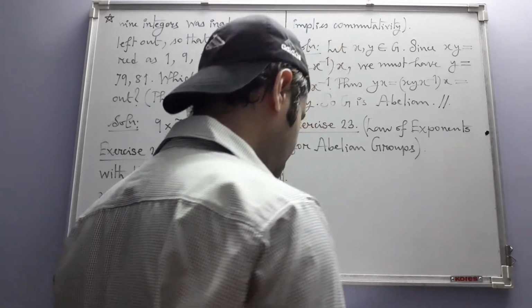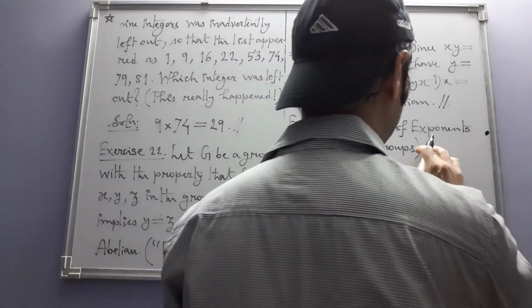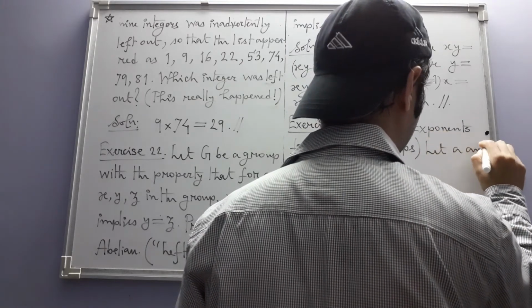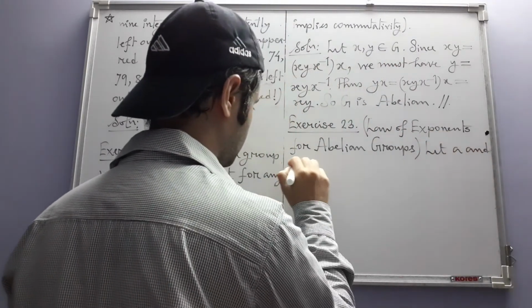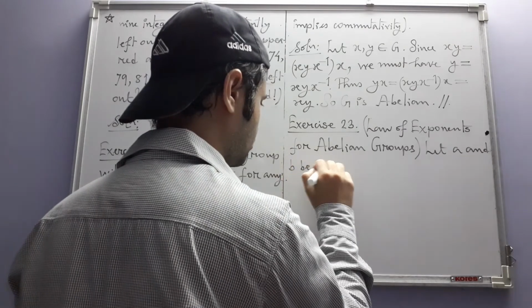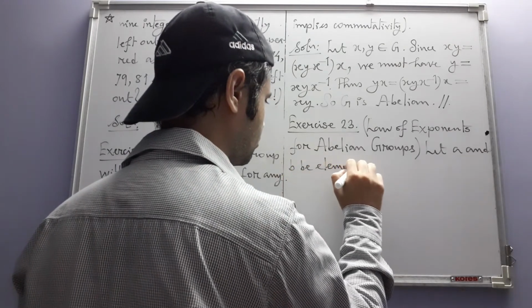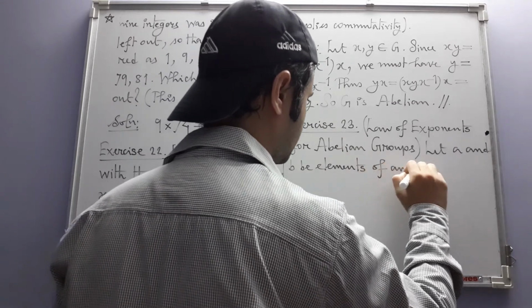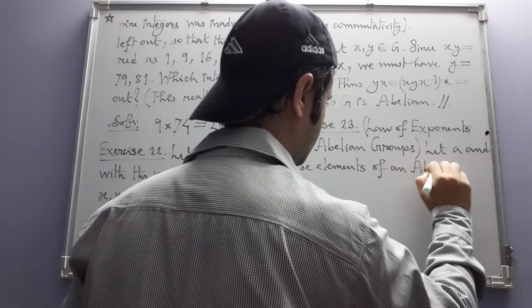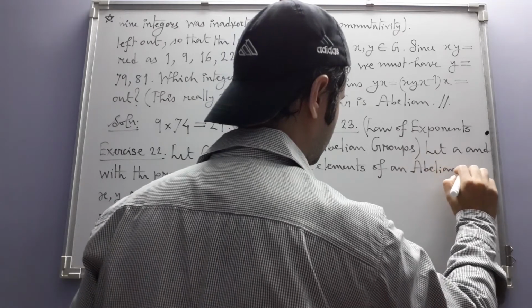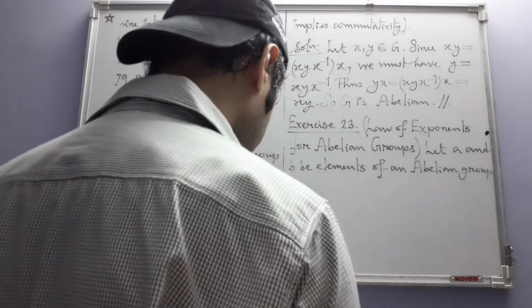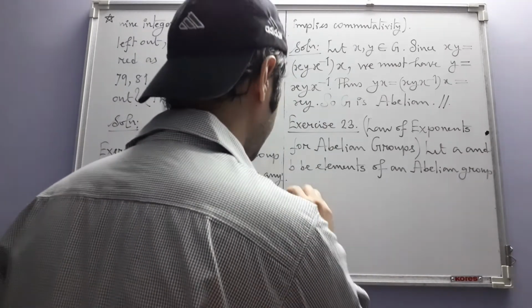Let A and B be elements of an abelian group, and let n be any integer.